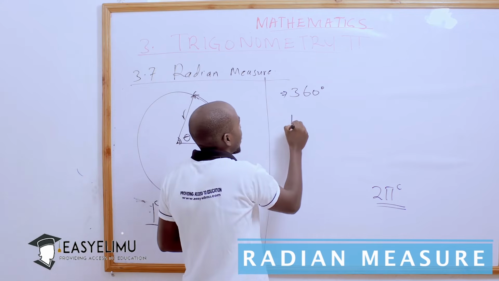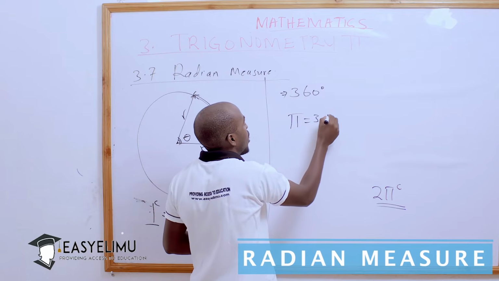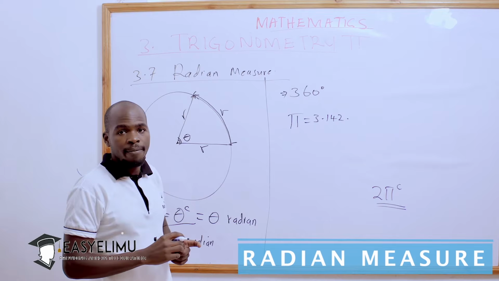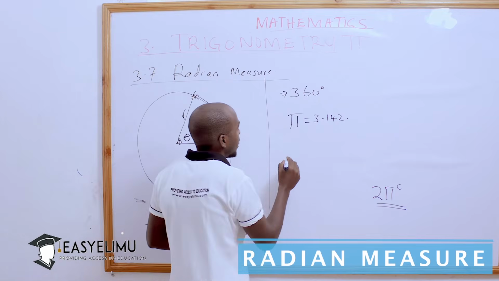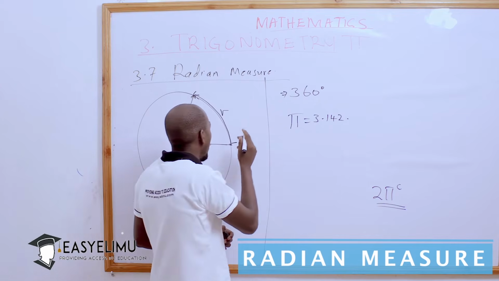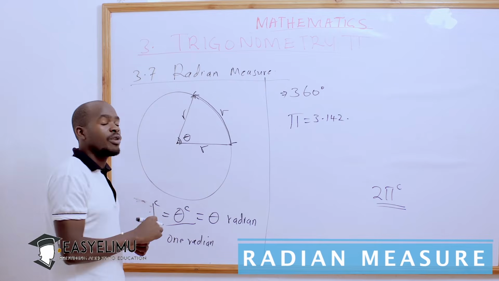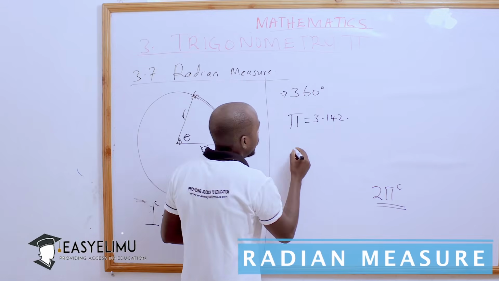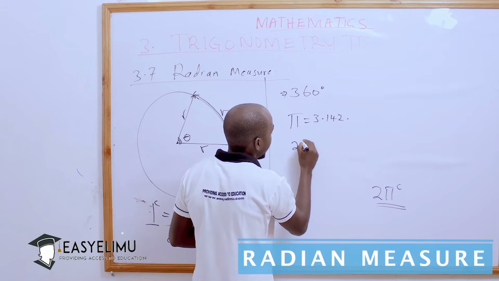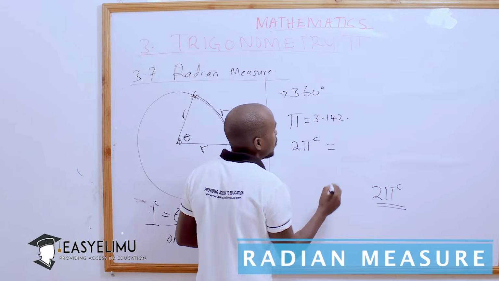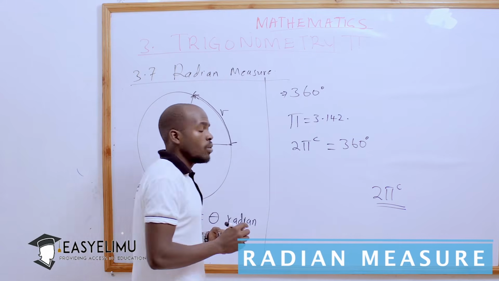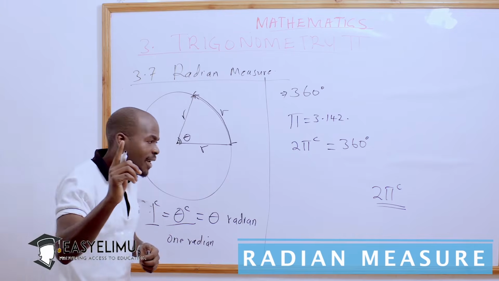We shall take our pi as 3.142, and we know that the total of this circle represents 2 pi radian, and that 2 pi radian is equivalent to 360 degrees. What about 1 radian?